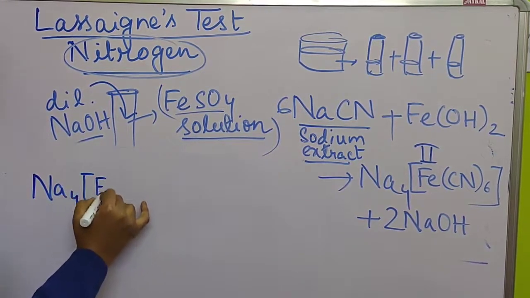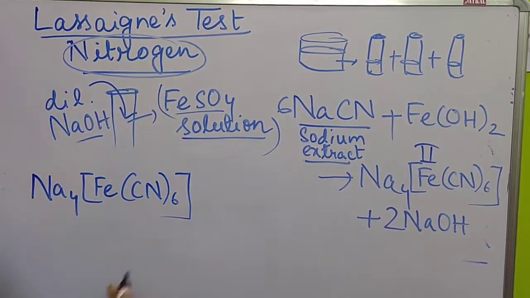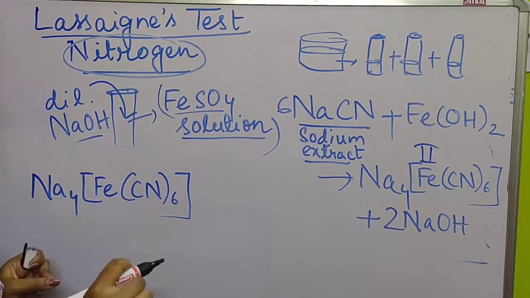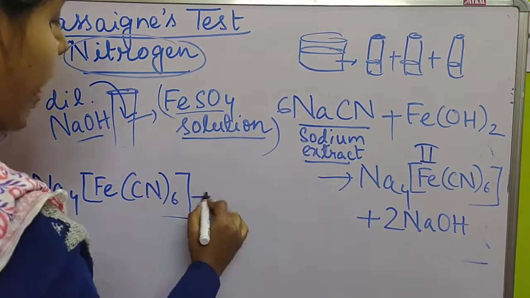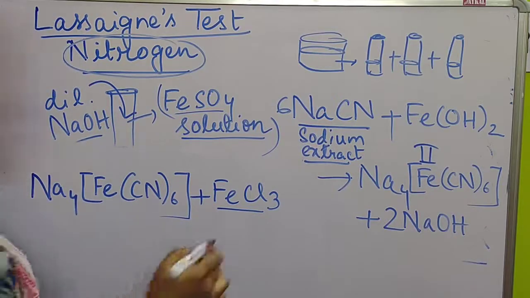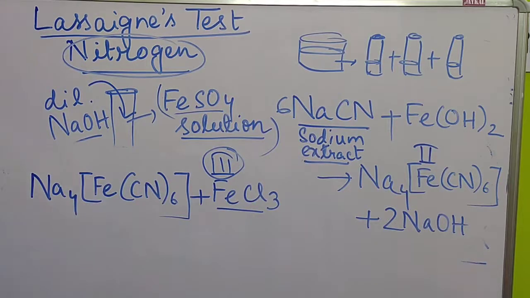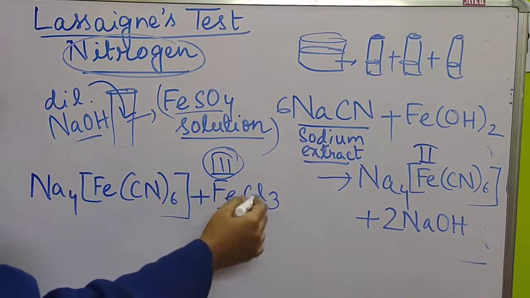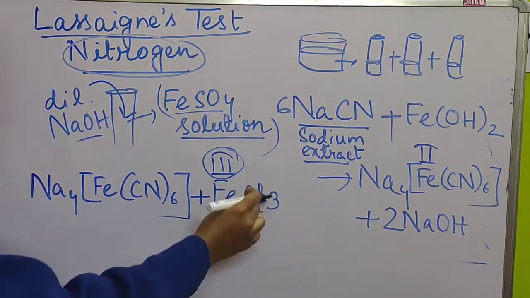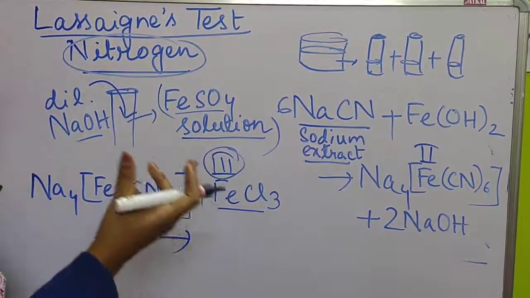Sodium ferrocyanide, when it is heated in presence of concentrated H2SO4, and in some cases if the reaction is not happening, then we have to add a salt of Fe3+, another salt of iron which is already in the +3 oxidation state. It is not necessary to add, but if the product is not coming, then we have to add a little ferric chloride.